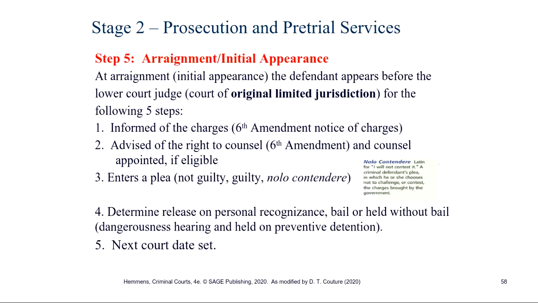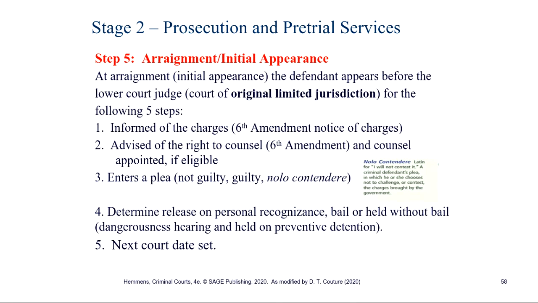Or a third option is the judge can make a decision, I'm not going to release you, I'm going to hold you without bail, either on a dangerousness hearing or for other reasons that I'm going to talk about in just a minute.